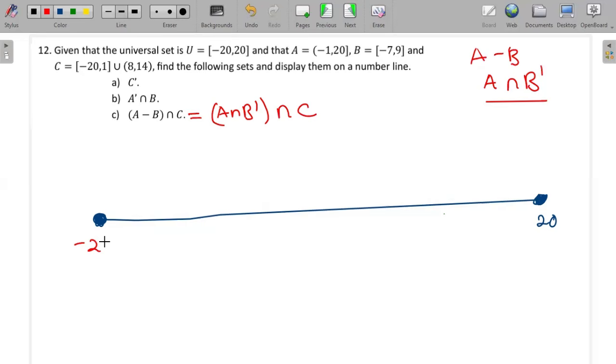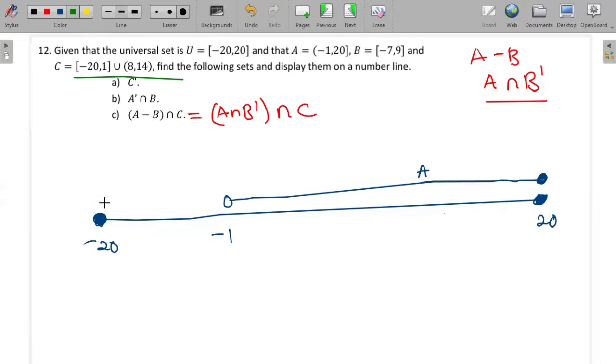So this one is -20. Let's plot the A. The A is -1 to 20, so I'll plot it from 0 all the way up to 20. This is my A. What about my C? C is this union here. So it's -20 to 1, and then 8 to 14.